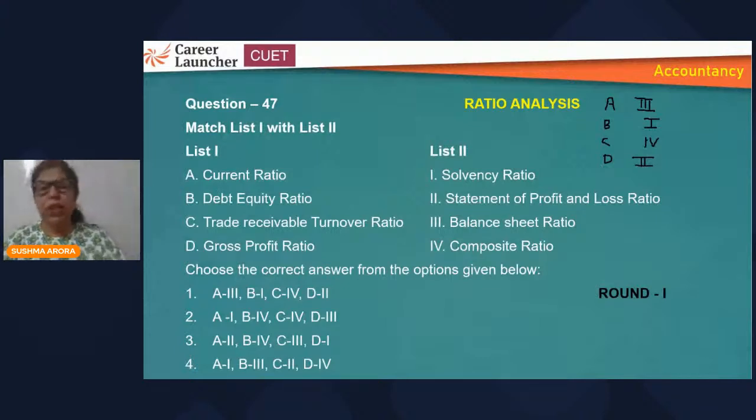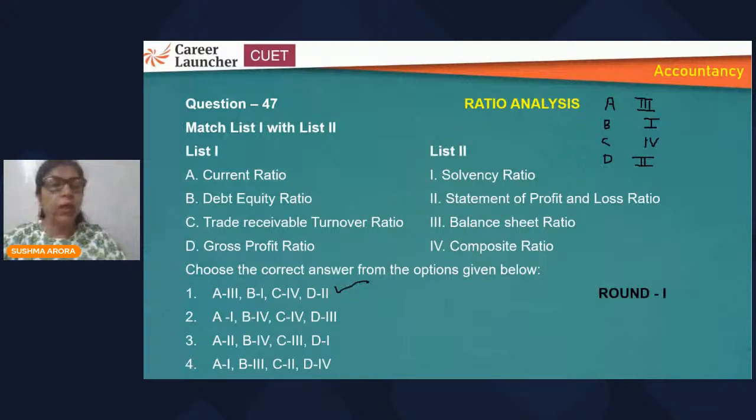First, match the points which you know easily. Like here, current ratio, balance sheet ratio, debt equity ratio, solvency ratio, trade receivable turnover ratio or composite ratio, and GP ratio, gross profit ratio or profitability ratio, required statement of P&L. So here our answer will be first. Okay, children.